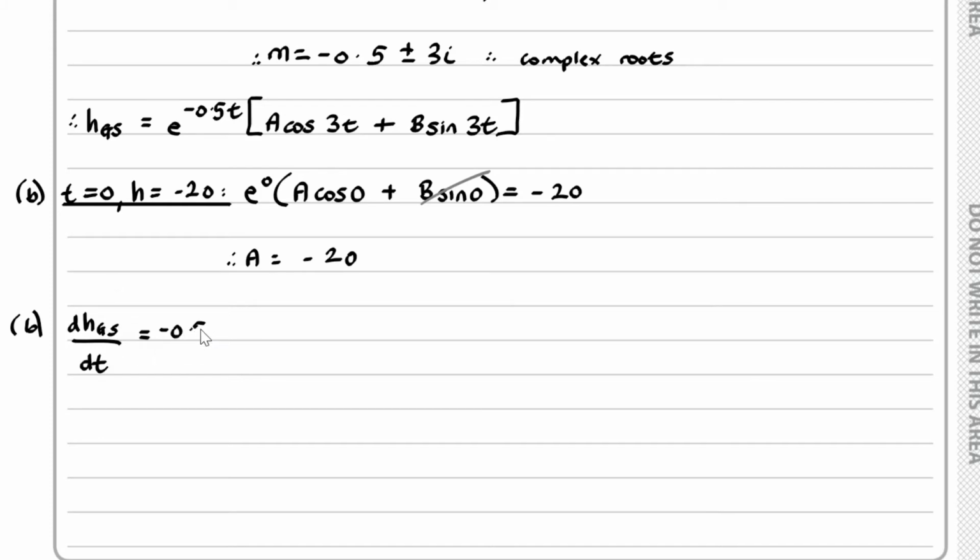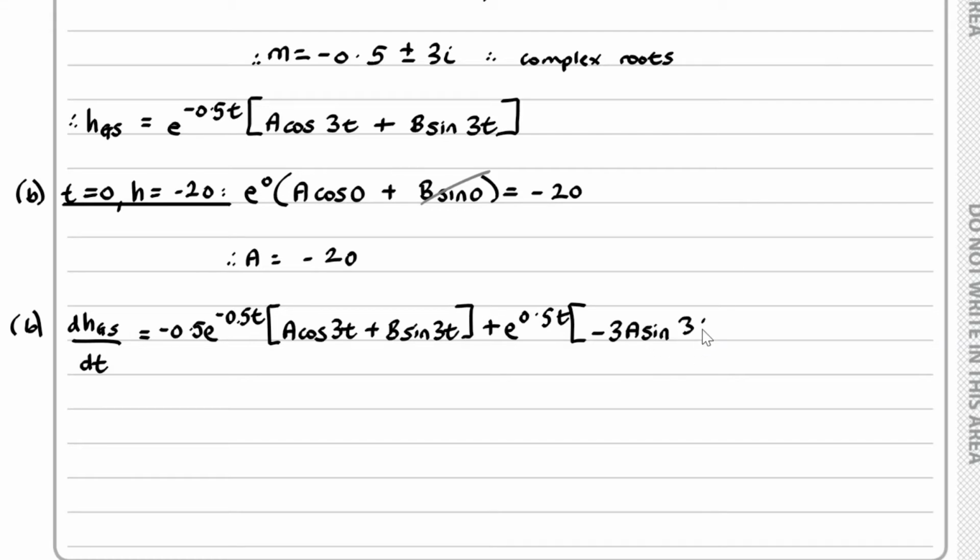That would be minus 0.5e to the minus 0.5t lots of a cos of 3t plus b sine of 3t, and then we have e to the minus 0.5t lots of minus 3a times the sine of 3t plus 3b times the cosine of 3t.